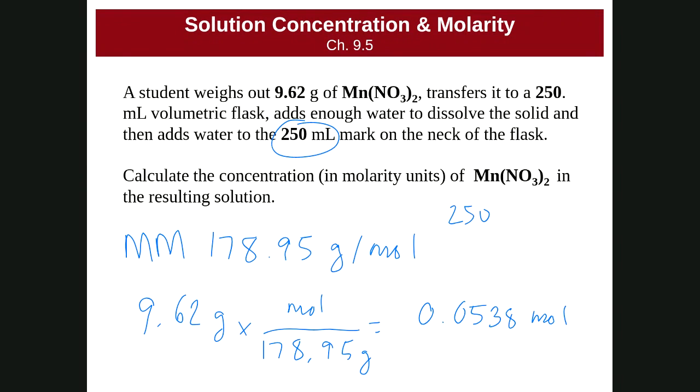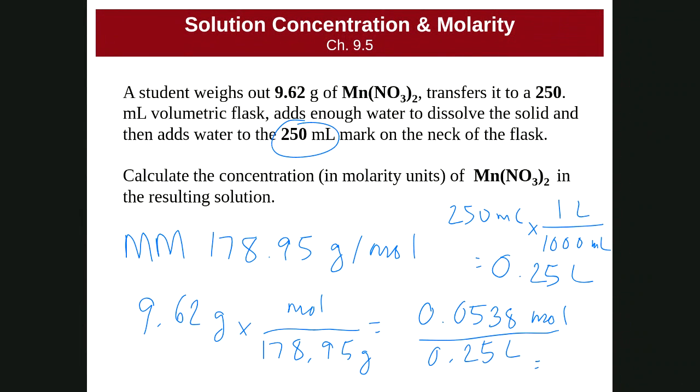So 250 milliliters times, there's 1,000 milliliters in 1 liter. So we're actually going to divide by 1,000, and that'd be 0.25 liters is our volume. So we divide by our volume, and our molarity, our concentration, is going to be 0.215 molar.